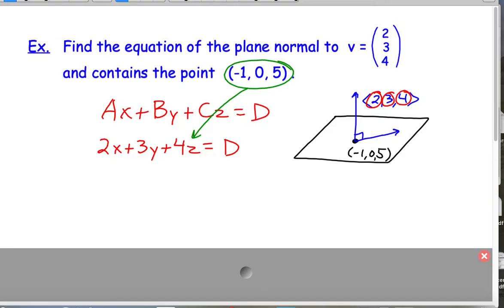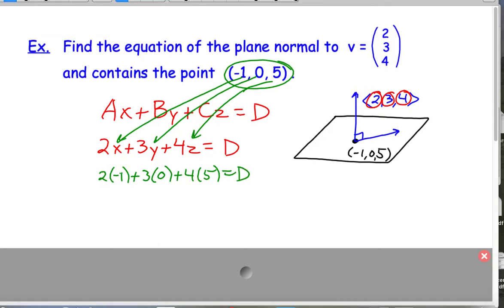So if I plug in -1 for the x, 0 for the y, and 5 for the z, I'll be able to figure out what that constant d is. So when I do that, I'm going to get 2 times -1 plus 3 times 0 plus 4 times 5, and that'll equal my constant d. So it's -2 plus 0 plus 20, so d is equal to 18.